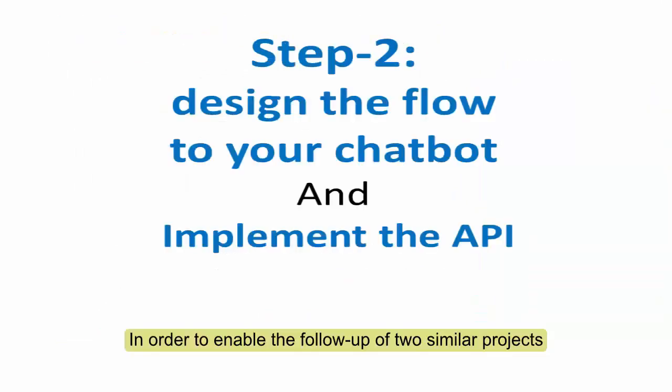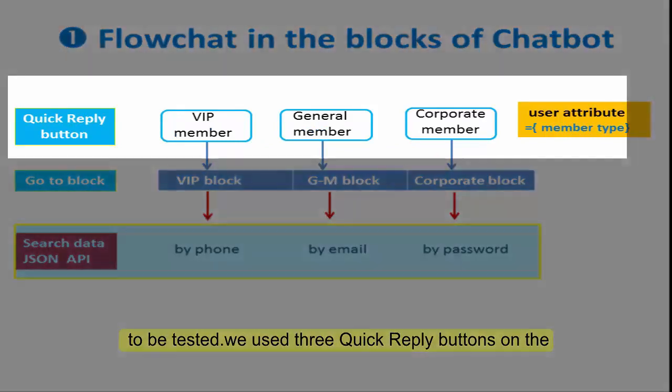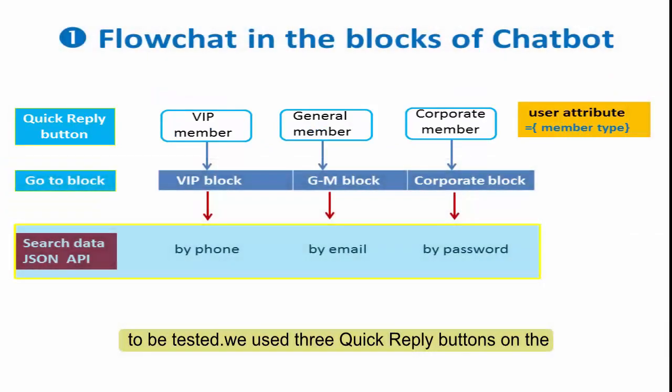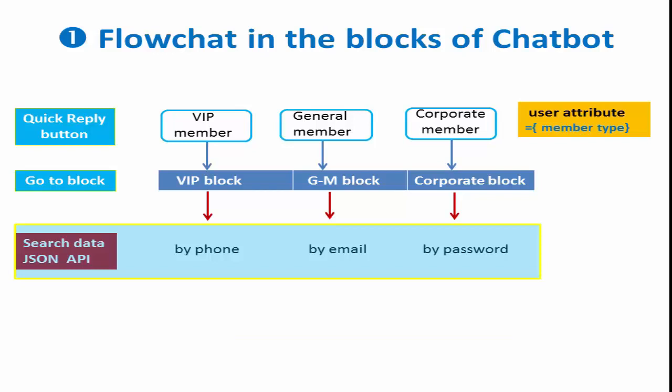In order to enable the follow-up testing of two similar projects, we use 3 quick reply buttons on the chatbot platform to execute individual projects. Of course, you can also organize only a block to handle this project on your own. It is all about your demands and convenience.